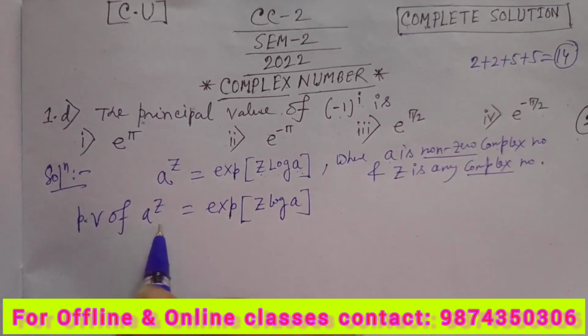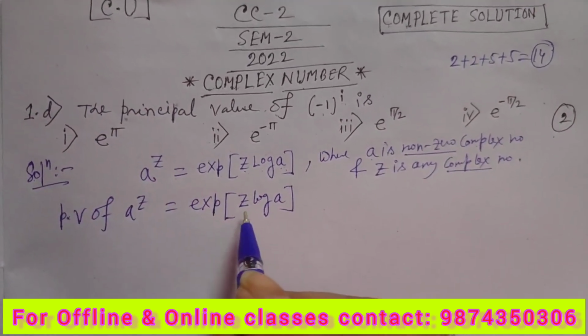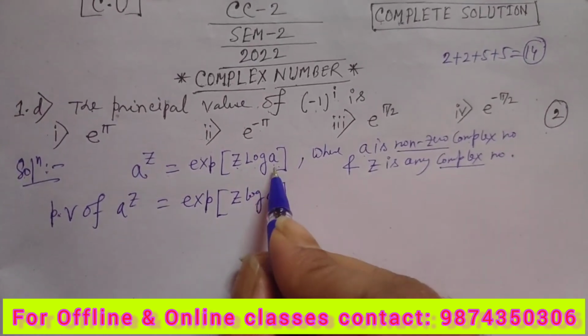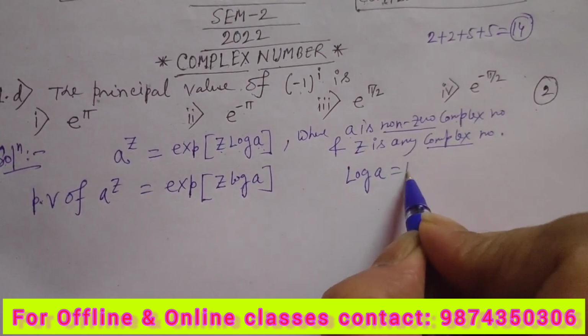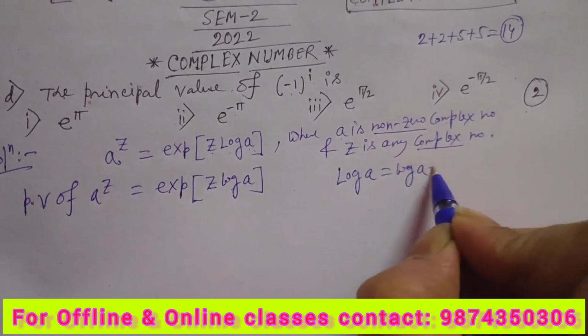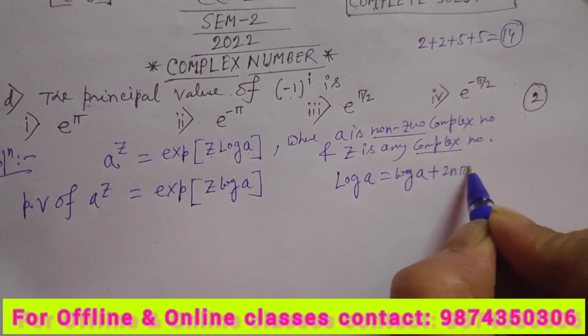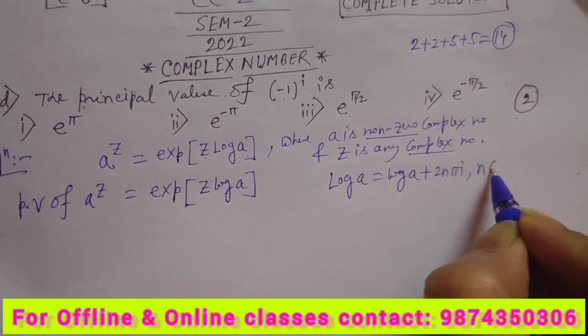So principal value of a to the power z is exp(z log a), where this log is the principal logarithm. Log a is equal to principal logarithm a plus 2nπi, where n is any integer.